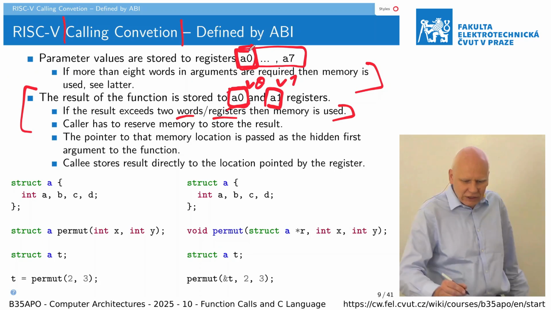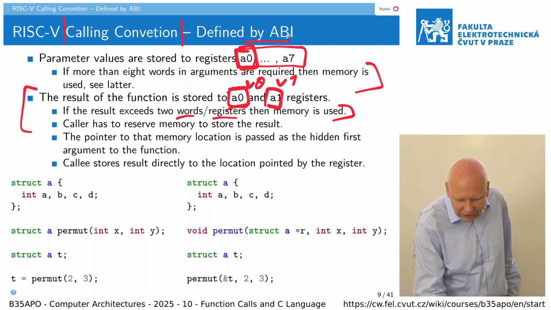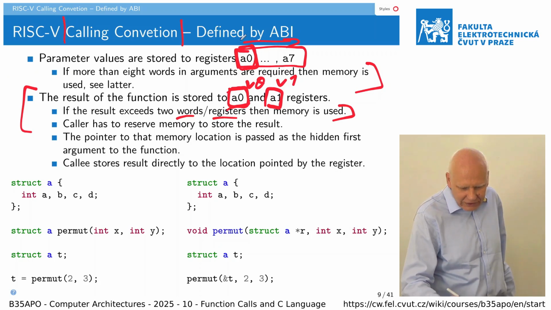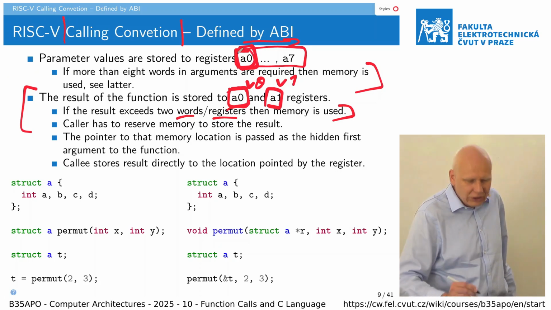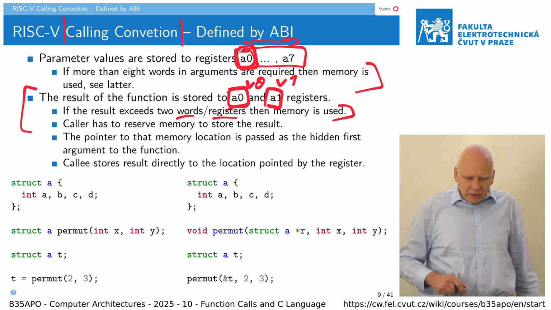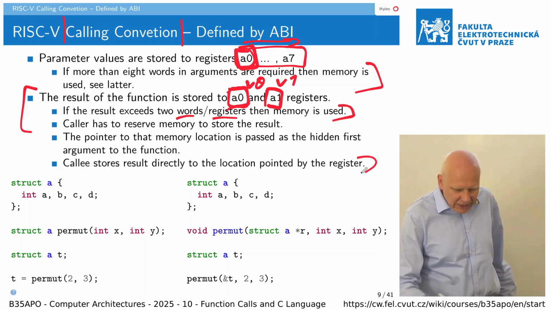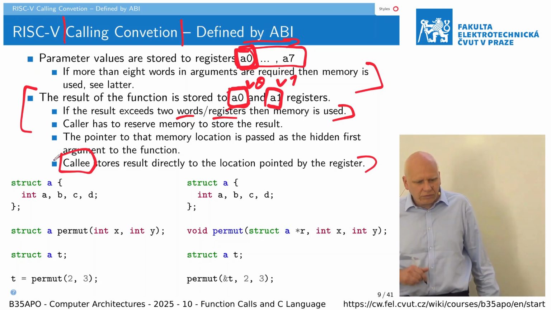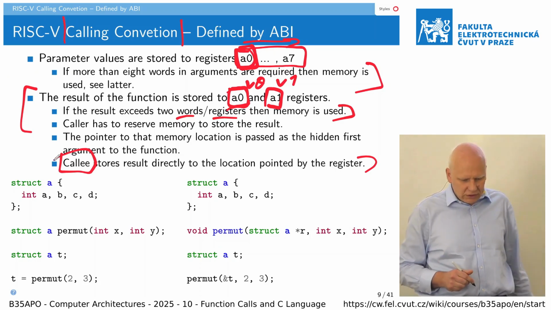So basically in such a case all arguments are shifted by 1, so that the first argument is in A1 and A0 points to the memory location to which the function should fill the result. So the function which is called returns the result this way.